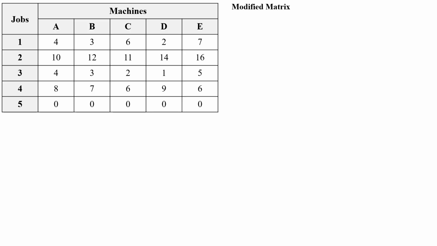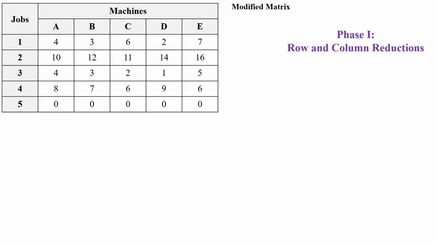This is the modified matrix. Here we add a dummy row with 0 entries. Now the number of rows equals the number of columns. Now we apply the Hungarian method to find the optimal solution.